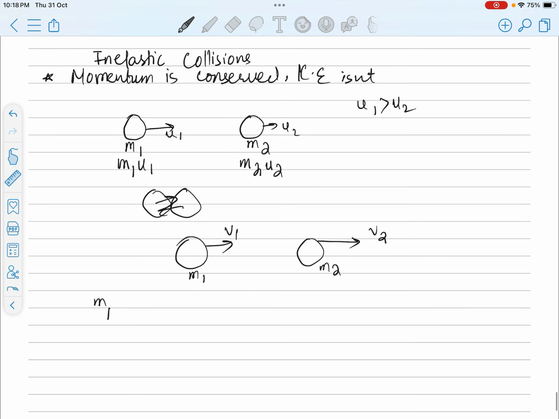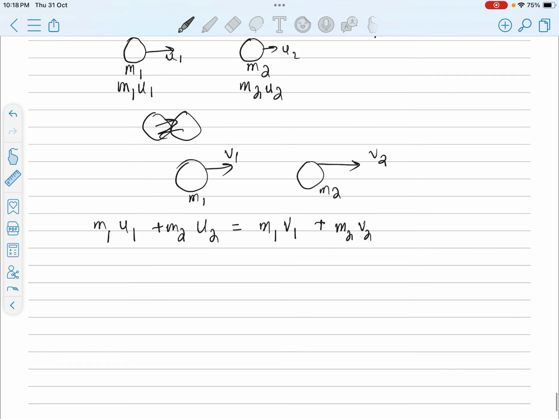Now we know that m1 u1 plus m2 u2 equals m1 v1 plus m2 v2. Now what I will do, I will bring together the momentum before collision and momentum after collision of body A or mass m1 on one side, and the momentum before and after collision of body with mass m2 on the other side.